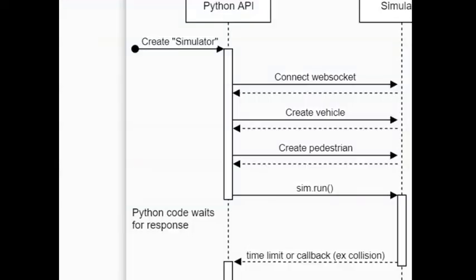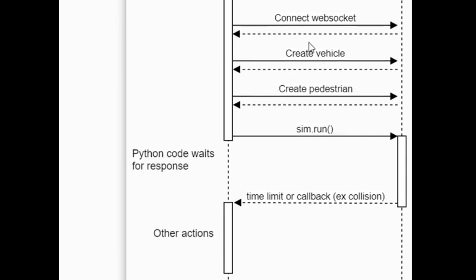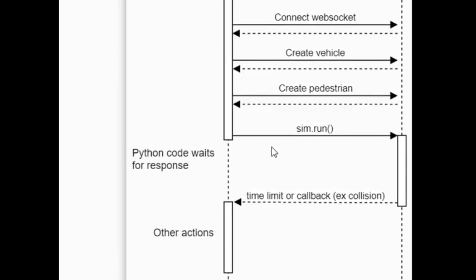Before I finish this presentation, I forgot to show the SVL simulator, which I'm going to share now, the Python API. I think it's interesting to show you the Python API here, and you can create your vehicle, the pedestrians, the other agents.